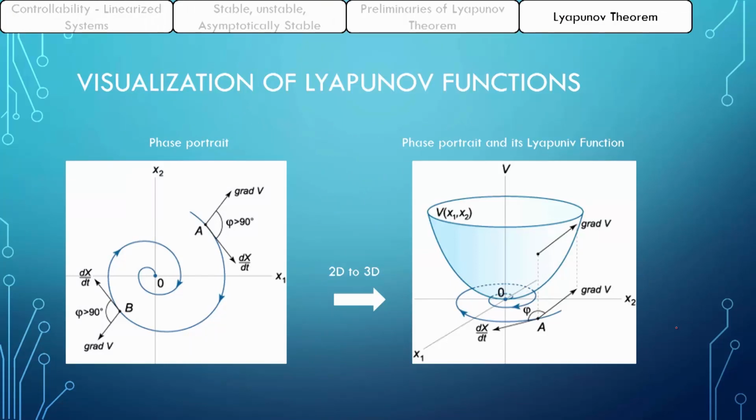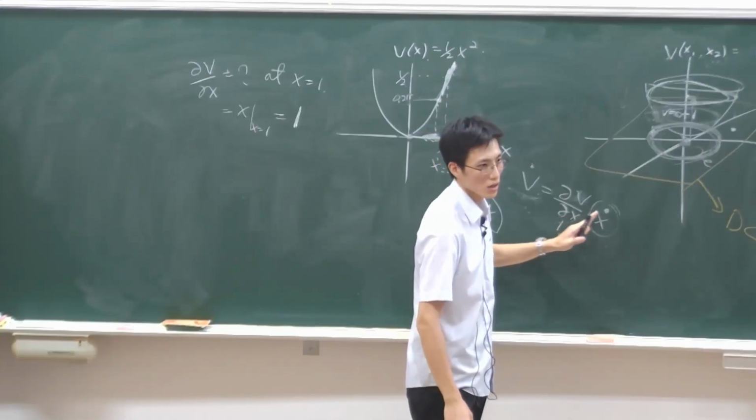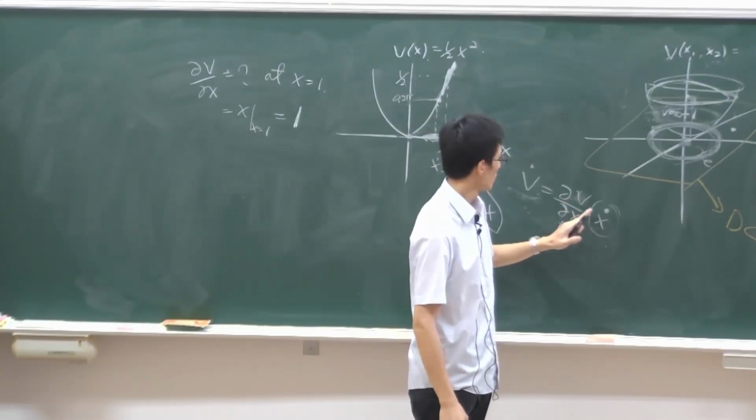So in this figure, this is the phase portrait. This is the gradient of the v function. This is the dynamics, x dot. When you multiply two vectors together, it's a dot product.